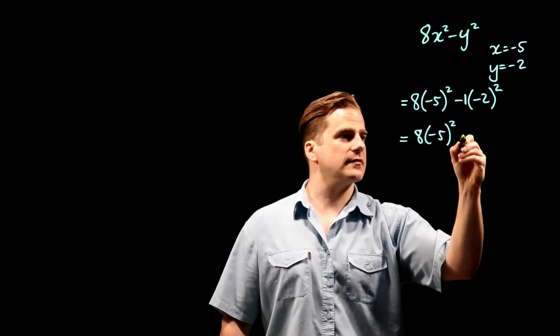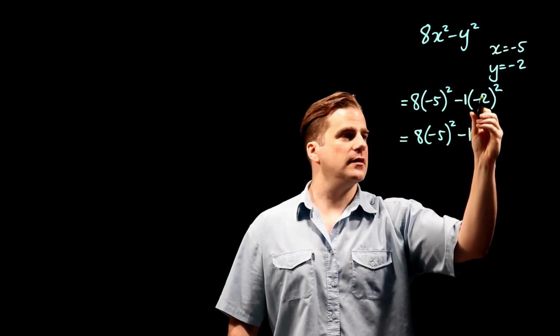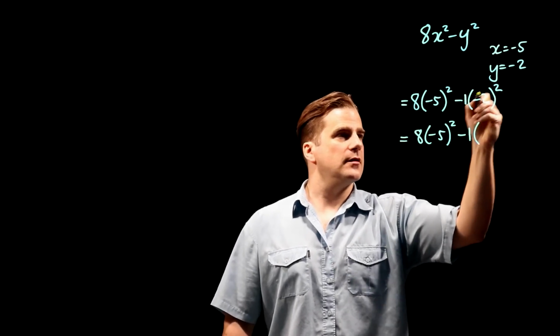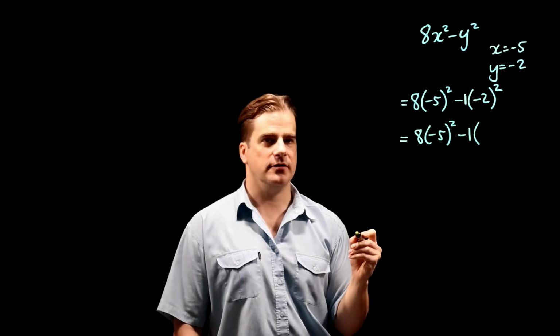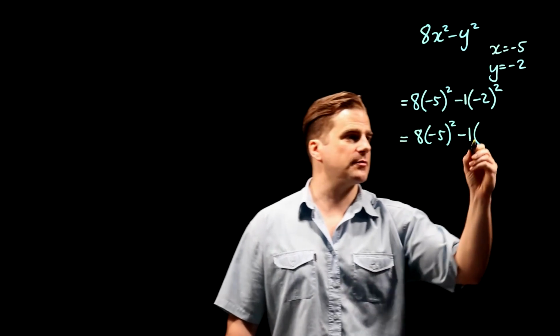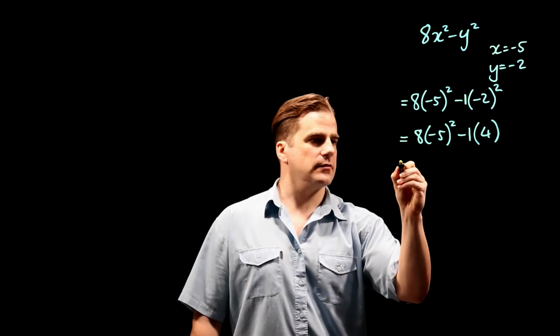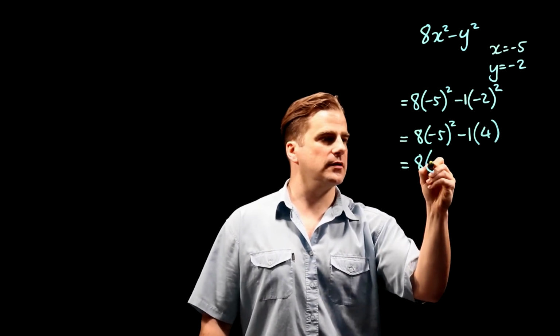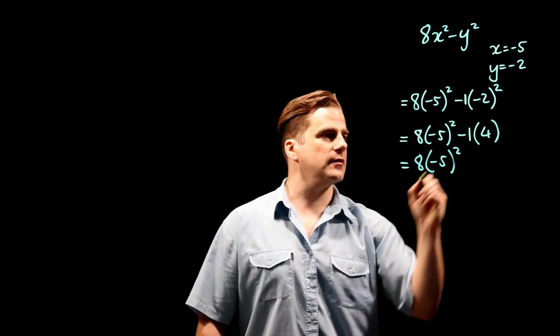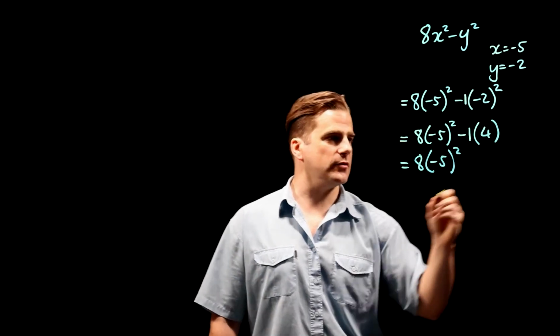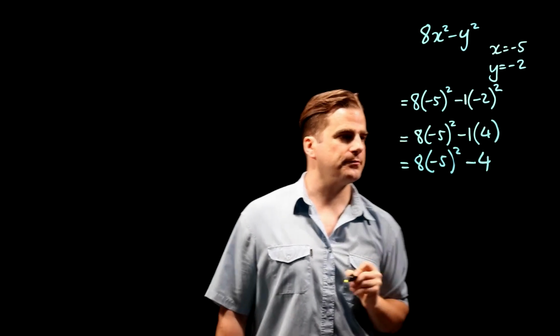That's the same as -1 times (-2) squared. That's -2 times -2, which is +4. Which is equal to (-5) squared, -1 times 4 is -4.